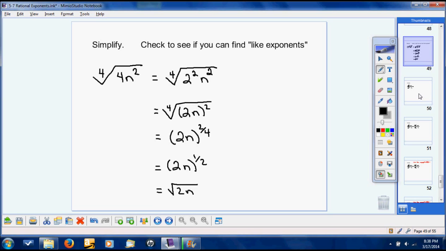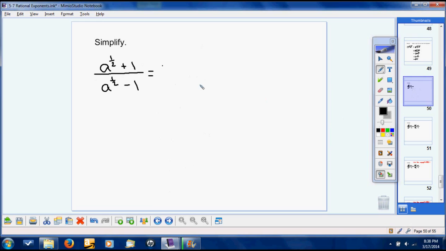Now, yesterday we were working on denominators. One of the things we were doing was working on when you had a radical in the denominator. So I want to show you one that not only has a radical in the denominator, it's got a fraction exponent in the denominator, which you can't have. But that fraction isn't by itself.